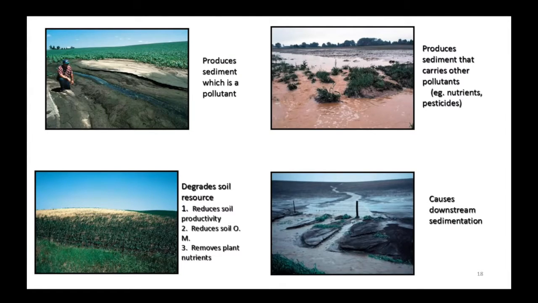One of the difficulties, I think I stated before, it's pretty obvious when we can see the erosion that's occurring on the landscape. However, in the first picture there, the producer is looking at sediment that has been delivered from the uplands, wondering what can I do to address that issue.